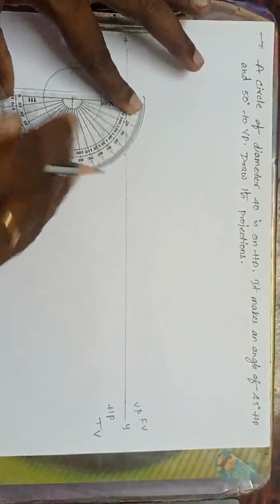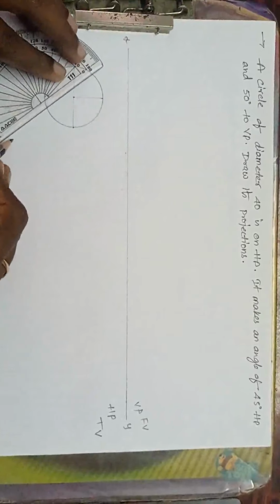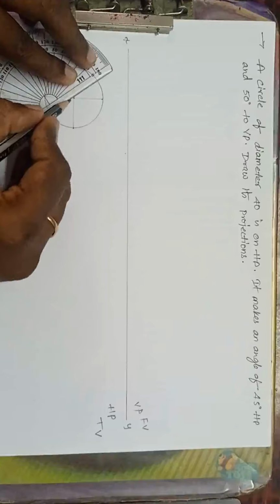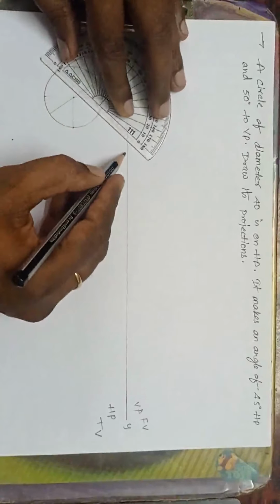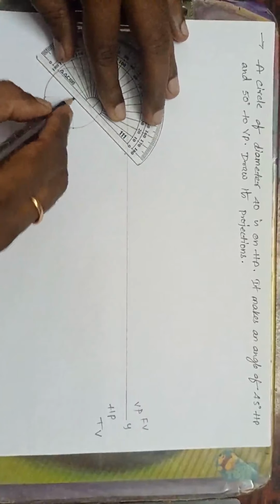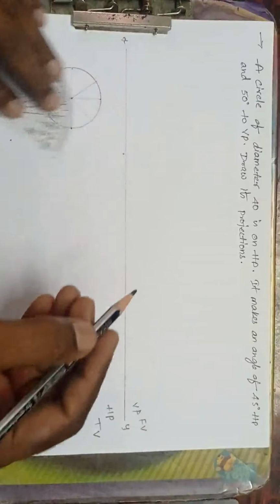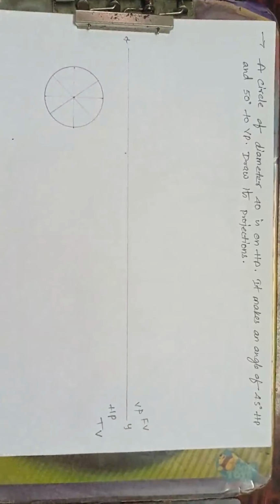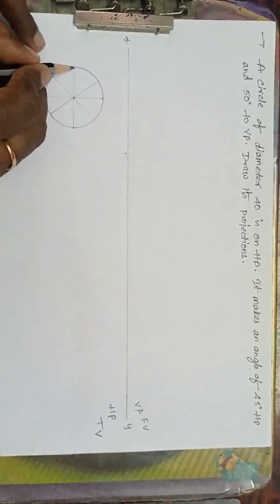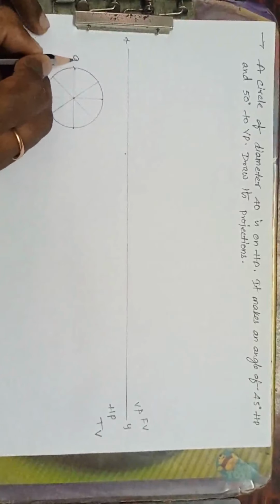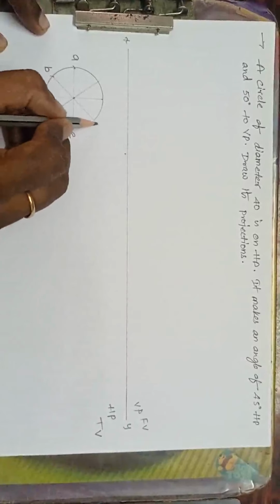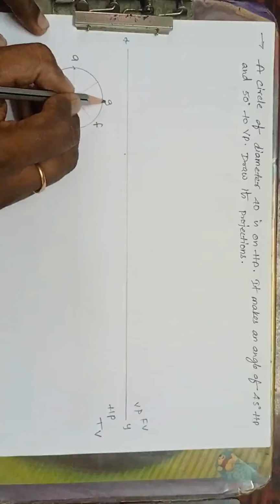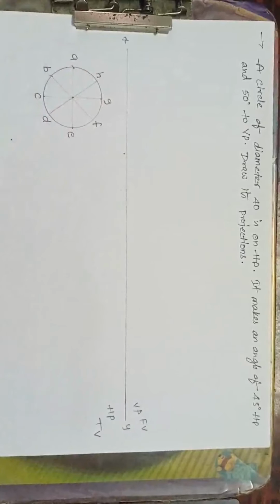This is also 45 degrees. Okay, now this is a circle. Now mark this A, B, C, D, E, F, G and H.